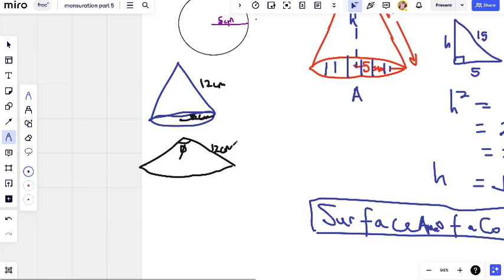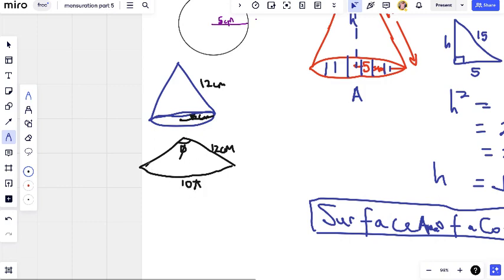Of course, we've already learned that this arc for the sector is always equal to the circumference of the base, right? So here is 10 pi, which is 31.4.